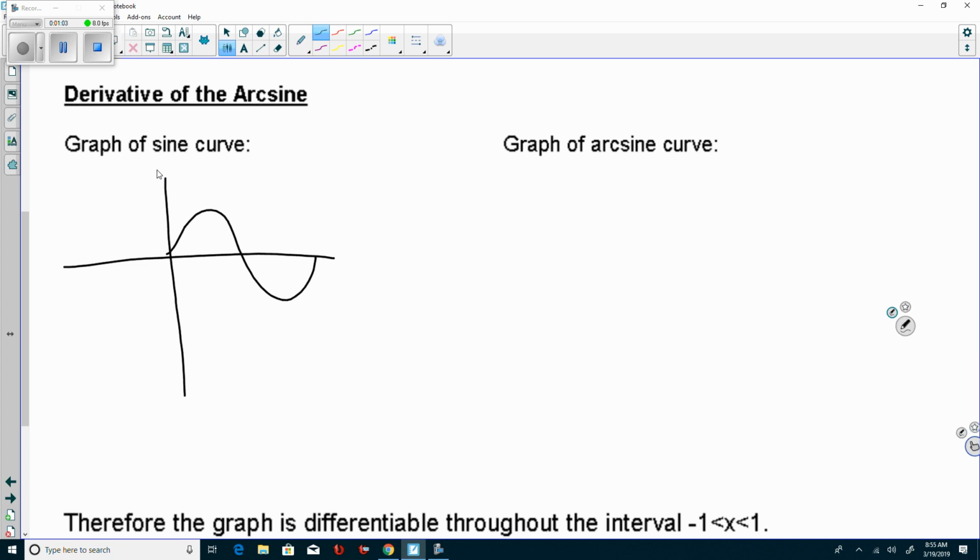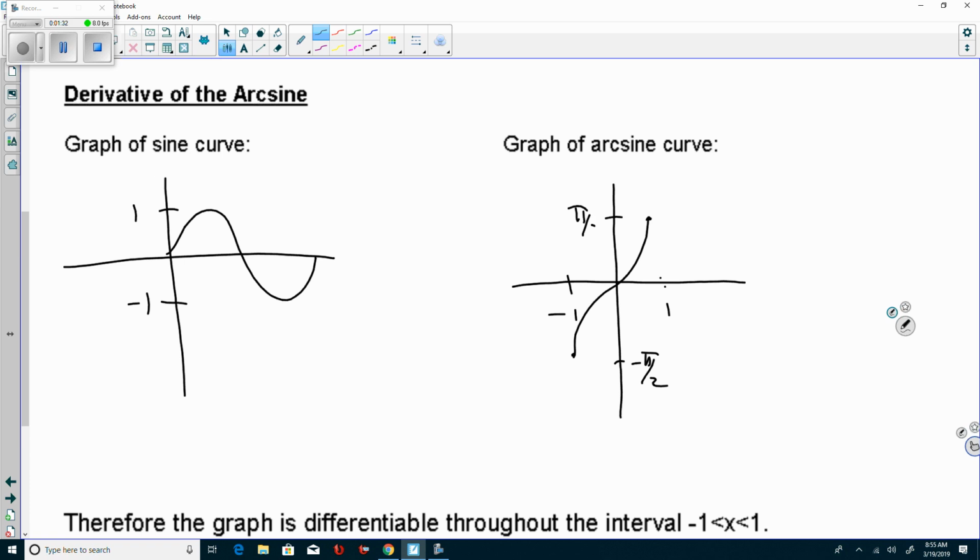Now, when you graph the inverse, it shows you it goes from -1 to 1, just like this one, the original goes from 1 to -1. Okay? And it is a reflection over the line y equals x, so it goes like this. And this is -pi/2, and this is pi/2.